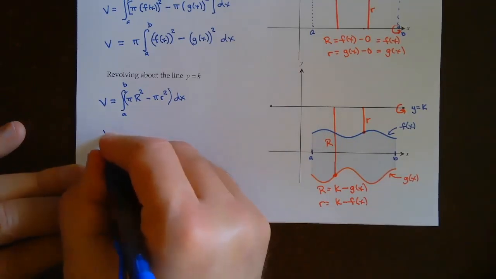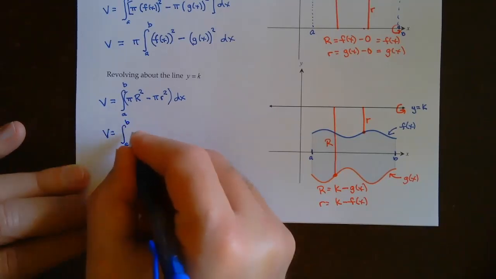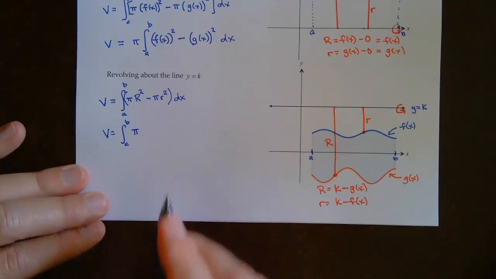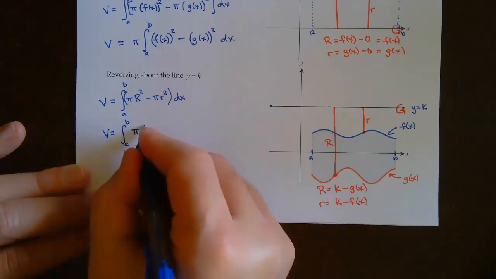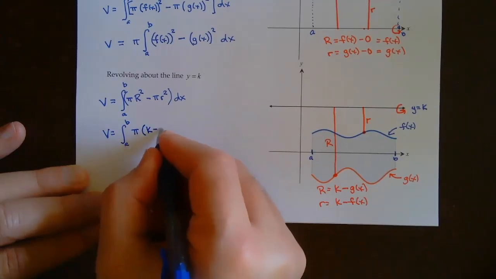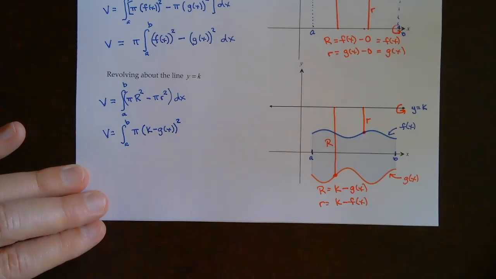This is also equivalent to the integral from a to b of pi times big R, and big R is k minus g of x, parenthesis, k minus g of x, close the parenthesis, squared, okay? That would give me a disk, and that's the outer disk, right?